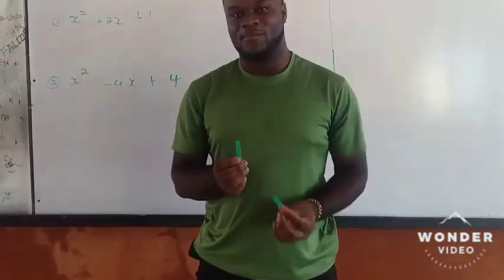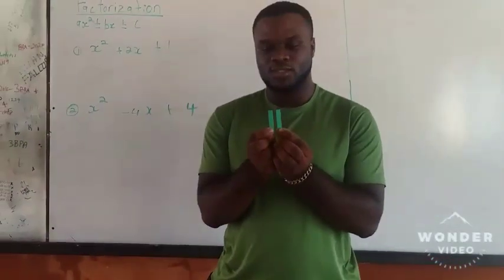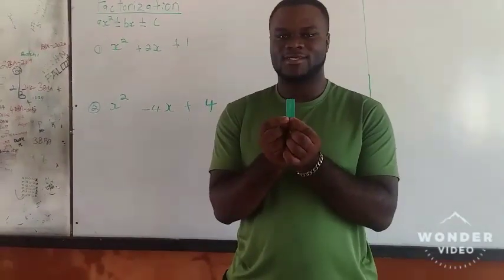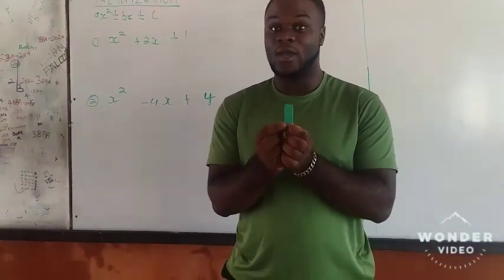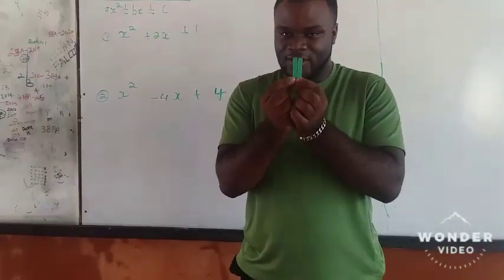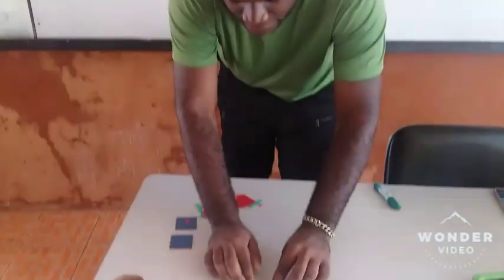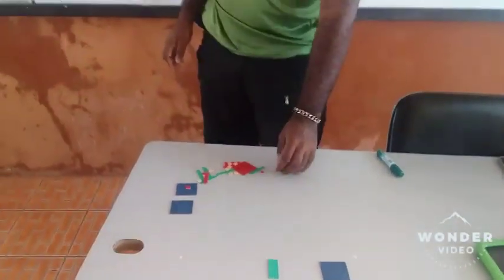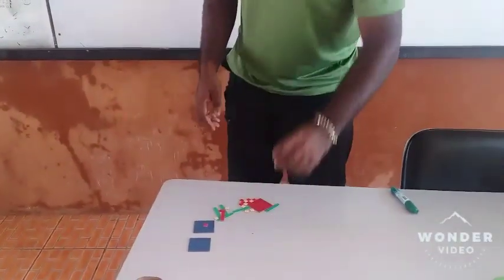Since each of these tiles represents x, I'm going to use 2, which will represent 2x. Since 2x is positive, I use my green. So here I have x squared plus 2x plus 1.